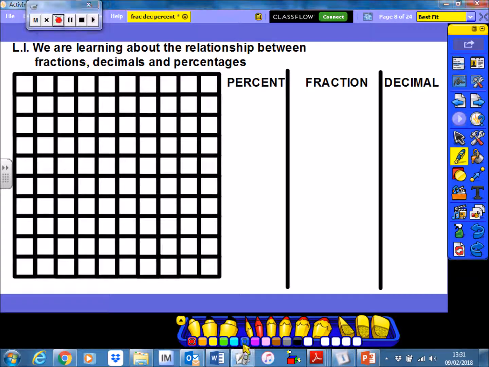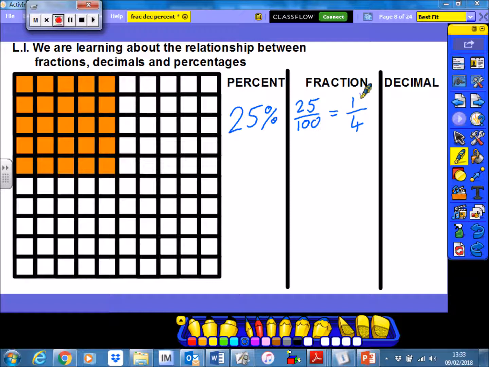So for instance, if I take 25%, which we've done already, we did that one as the last example, that would be 25 hundredths, which again could be simplified to become a quarter. We can see this even clearer when we actually highlight 25% of this 100 square here.